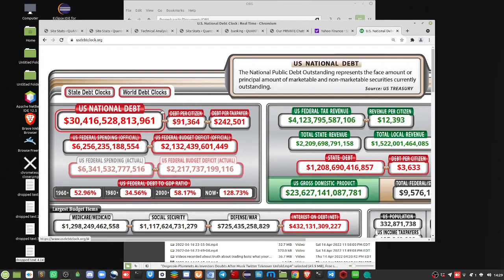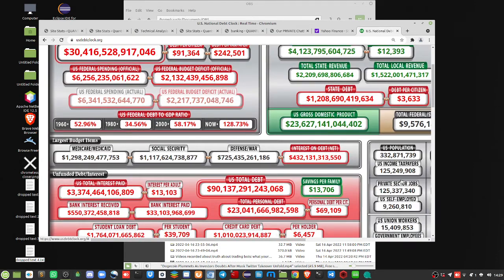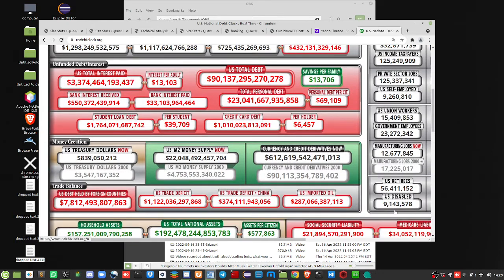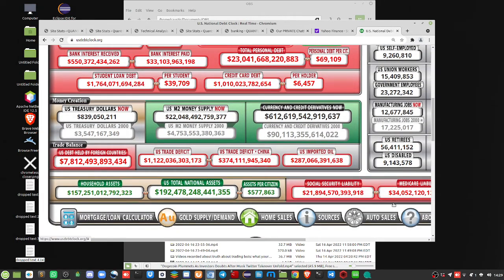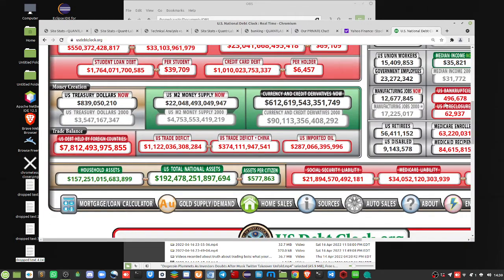So when you're dealing with this national debt, and then you only have 125 million taxpayers in a country with a population of 332 million, that's roughly a third of the population paying tax to cover the other 200 million people. That is not feasible. And what is even worse is the average salary is $31,000 or $35,000.